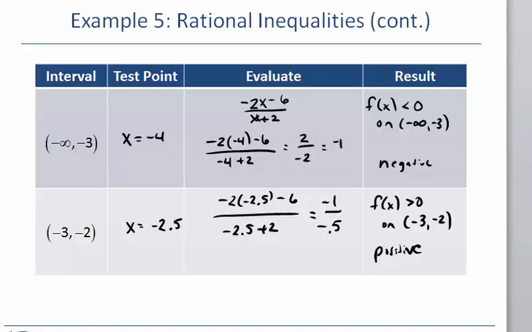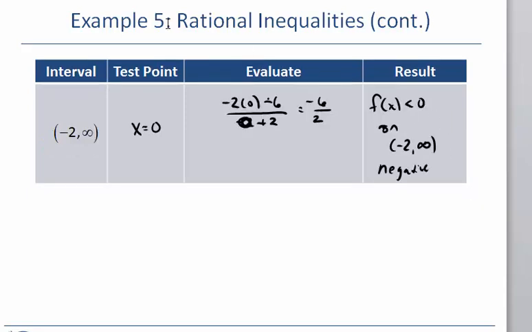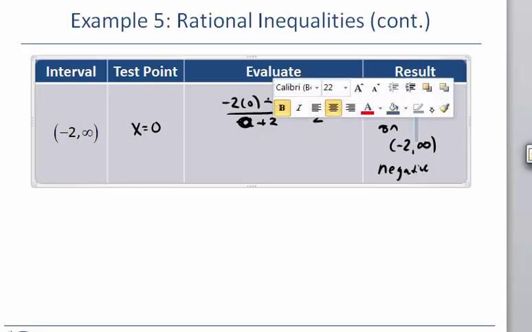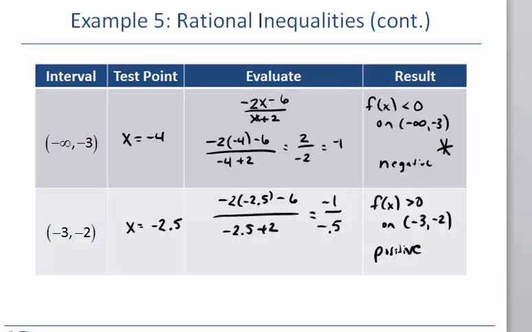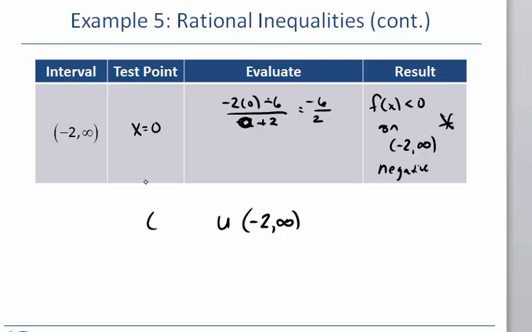So going back to my chart, let's note the negatives. So there's a negative, and here's a negative. So we're going to take those two intervals. All right, so definitely the interval from -2 to infinity, and then that first interval was the interval from -infinity to -3.